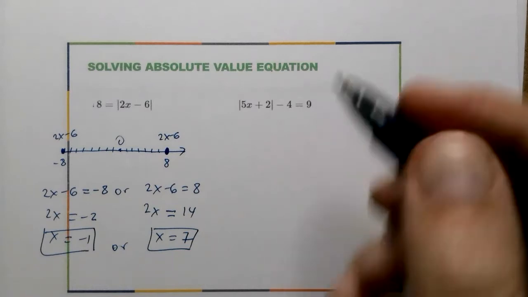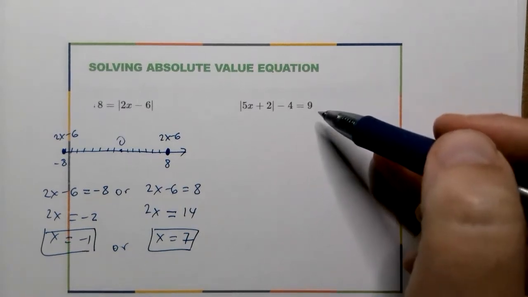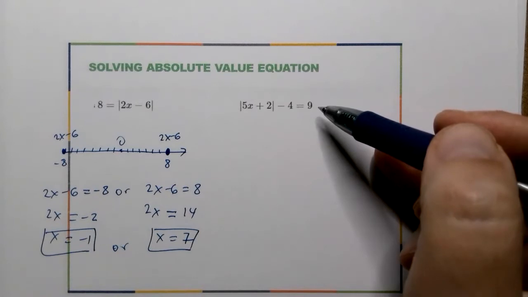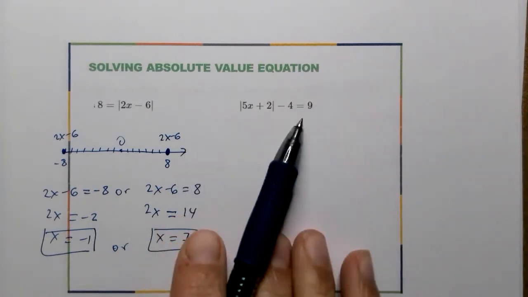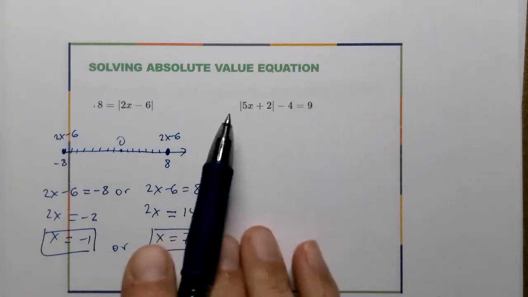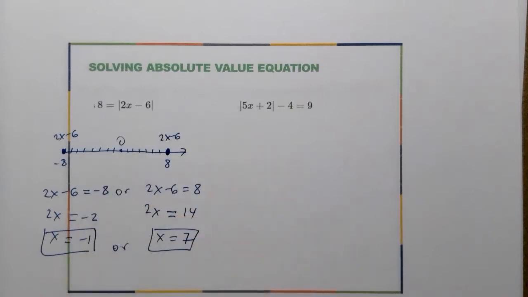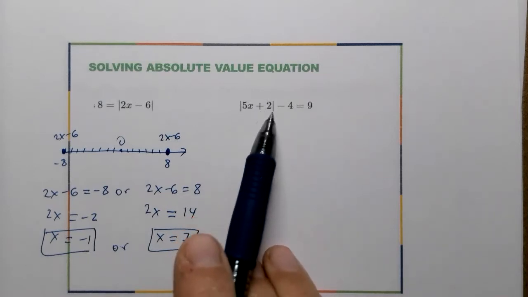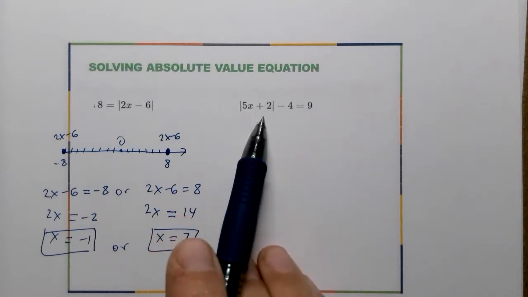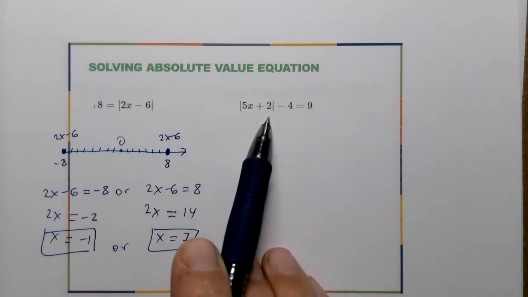Okay, now let's talk about how to solve this absolute value equation. And first I want to point out, how is this equation different from the one that we just did? I hope you notice that the absolute value in this equation is not isolated.